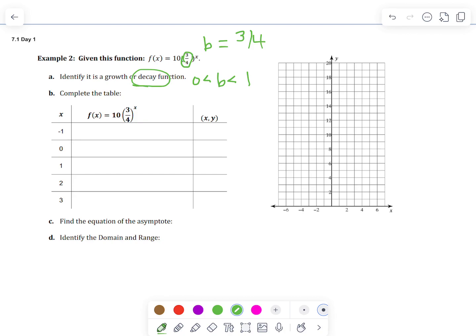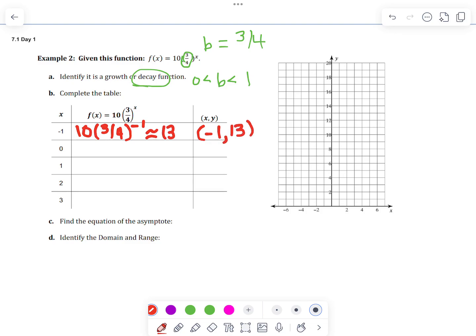And then what we do is we create a table and we input domain values for the exponent. So I'm going to start with -1. And then we want to just use our calculator and input that in. We get approximately 13.3. So then we go left 1, up 13.